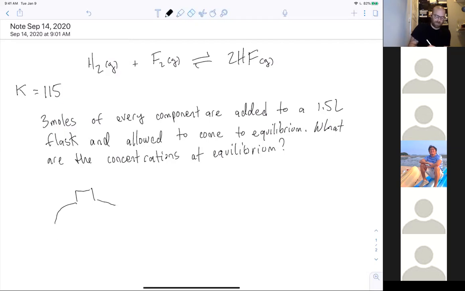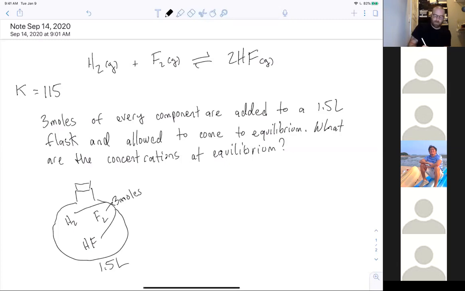We're working with a gas here. So let's say I put in H2, fluorine, and HF, and it's 3 moles of each of these. I don't know how to write that out, but let's just put it on the outside. So we've got 3 moles of each of these components in there.